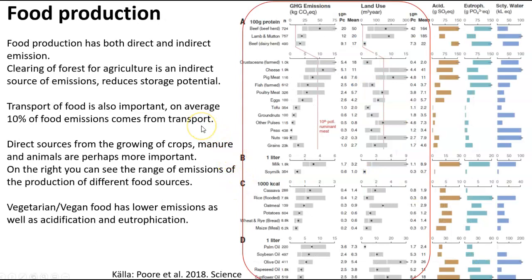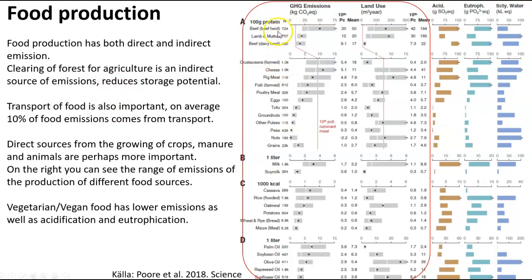Food production, we talked about as well, accounted for about 25% of all emissions. So there are emissions from food production in many ways. There are indirect ways, for example, through machines that need to work the soil, and food processing, food packaging, and food transport.